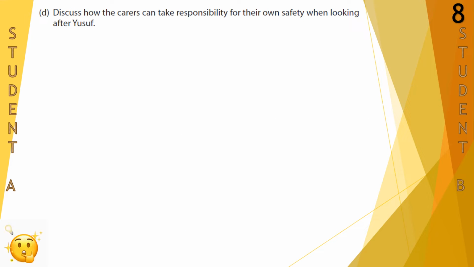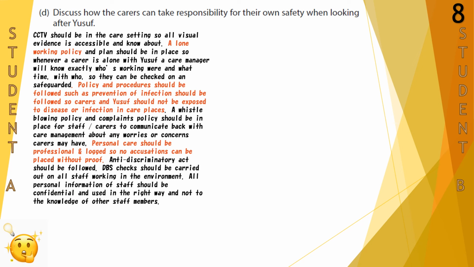So now we're looking at how Yusuf's carers can take responsibility for their own safety when looking after Yusuf. Now again, there was a little bit of diversion here with the 2 student responses. The main difference we have, as you can see here, is obviously with student A, not a massively long response.